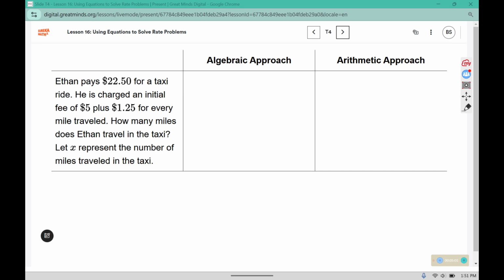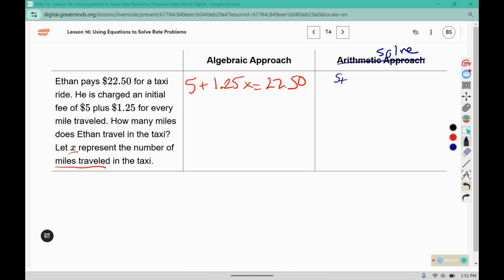This one says Ethan pays $22.50 for a taxi ride. He is charged an initial fee of $5 plus $1.25 for every mile traveled. How many miles does Ethan travel in the taxi? Let X represent the number of miles traveled. So it's $1.25 per mile for a total of $22.50, which is that top card on page 227. So to solve this, remember we're using this as the solve box.